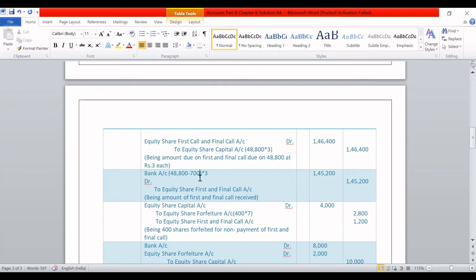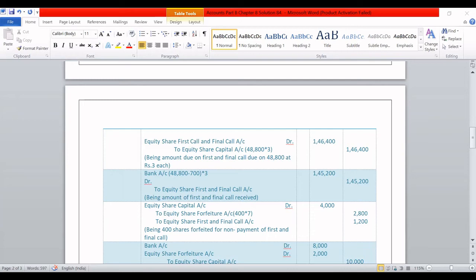48,100 into 3 is nothing but how much? 1,45,200. So let's calculate once and see if it is correct.